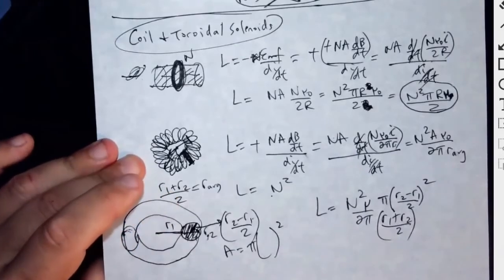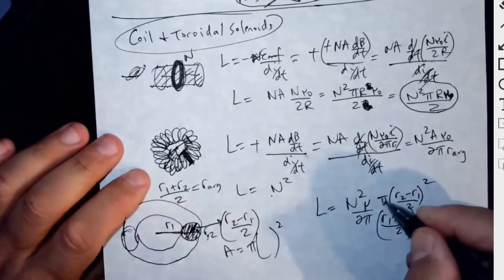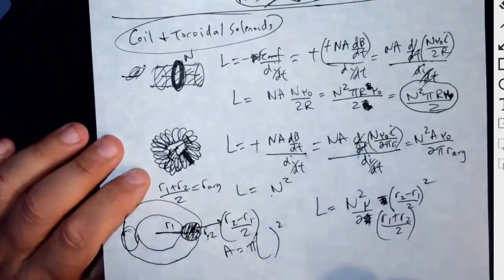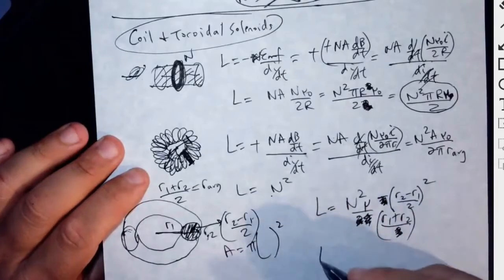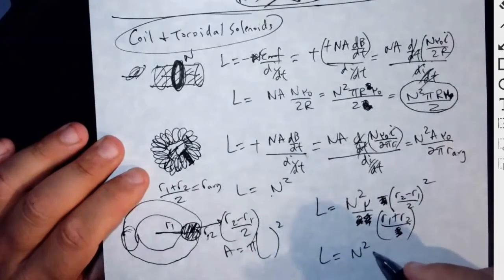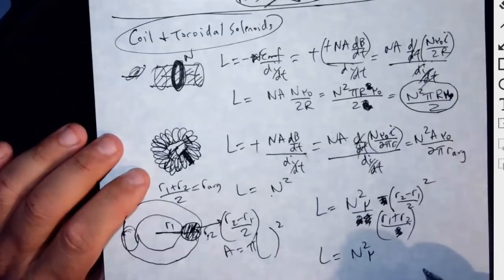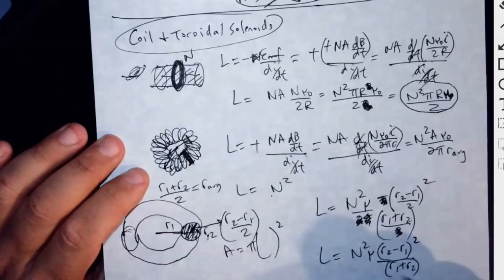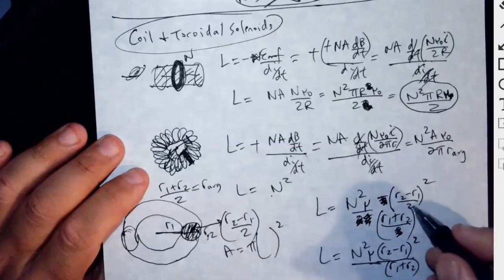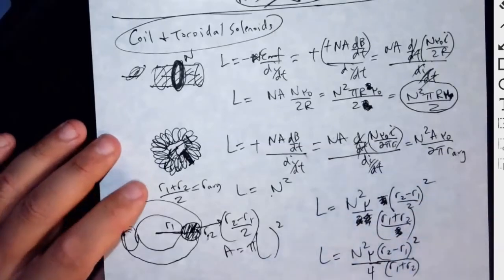Okay, so then what's that going to be? Pi cancels. 2 and the 2 cancel. So L is equal to n squared mu, and then you have R2 minus R1 squared over R1 plus R2, over 2 squared, so that's going to be 4.